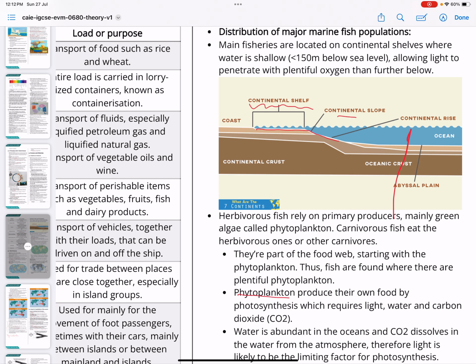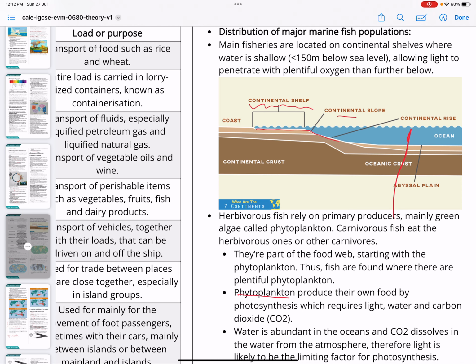The reason is that the phytoplanktons, the plants under the sea on which the fish feed, are available at the continental shelf. Why are they available there?